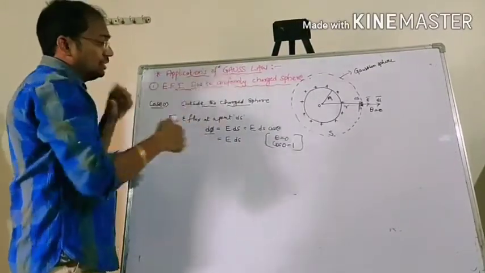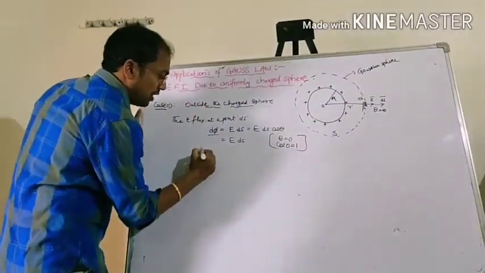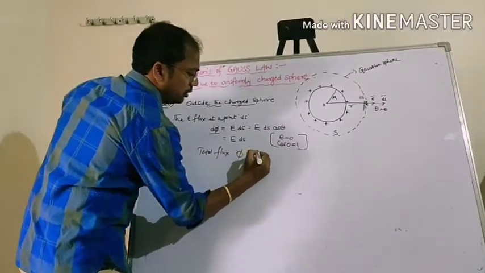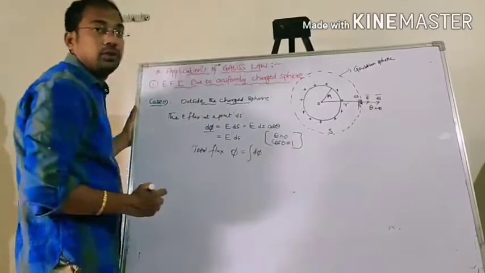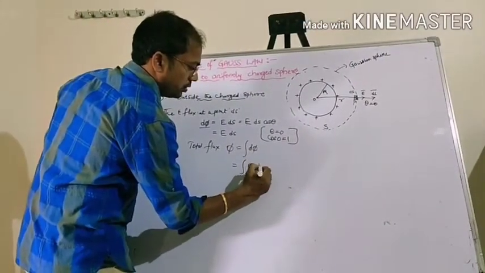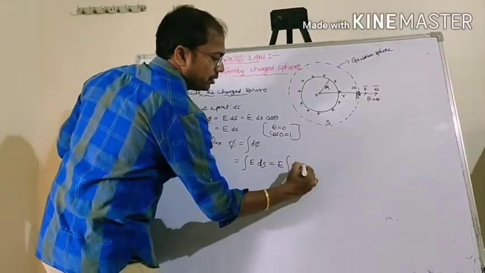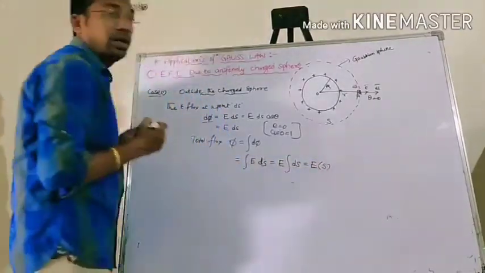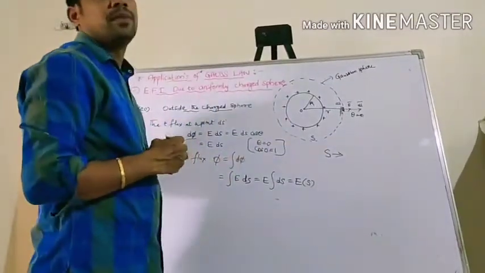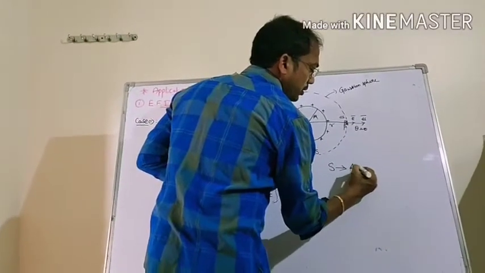Now the total flux through this Gaussian surface is equal to the integral of dφ, which is the integral of E ds, that is E into S. Here, very important, S is the area of the sphere.